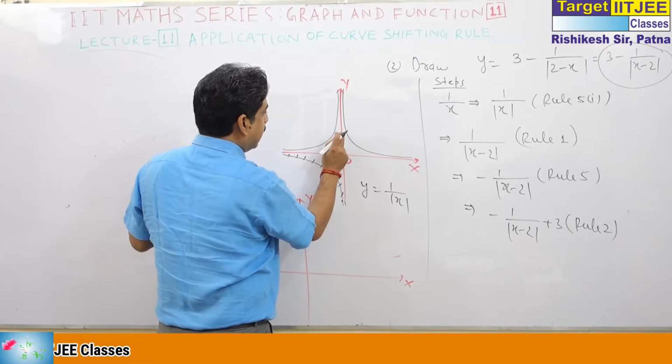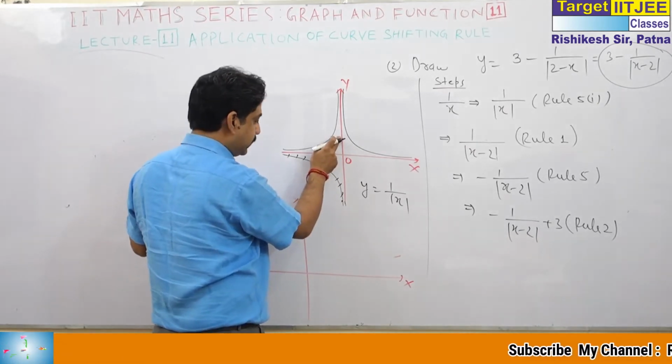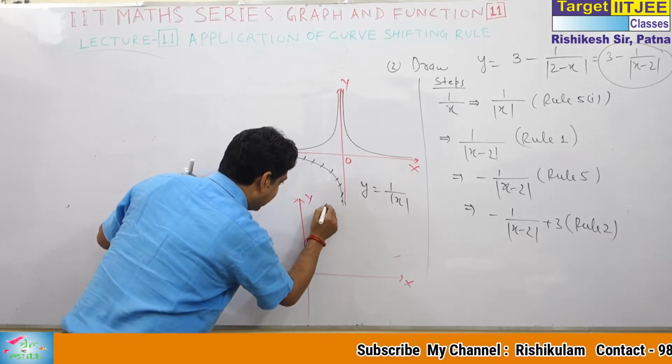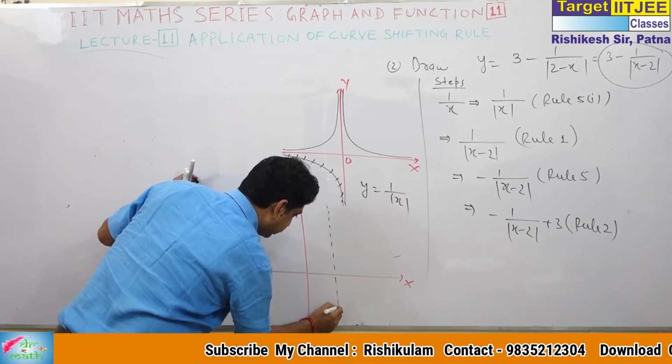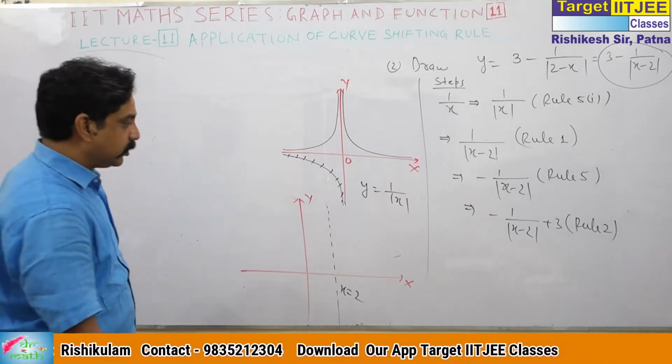What is this line? Actually this line is your x is equal to 0. So I take a line x is equal to 2, the asymptotic line, x is equal to 2.